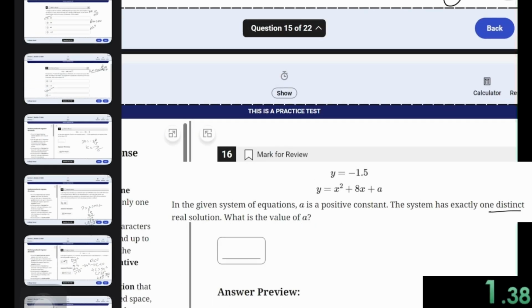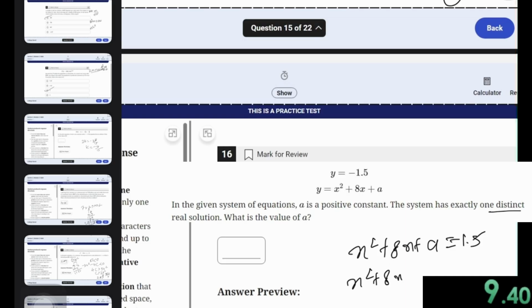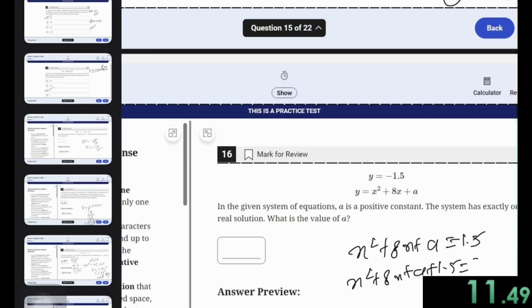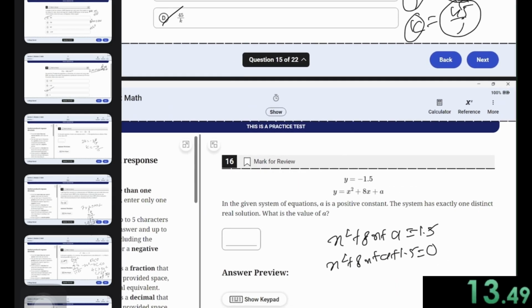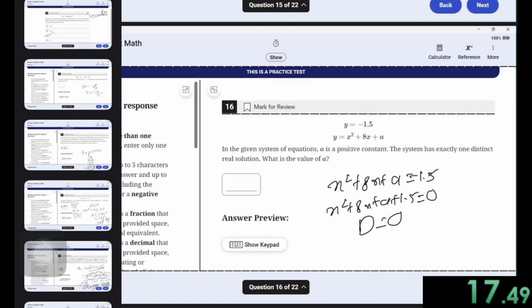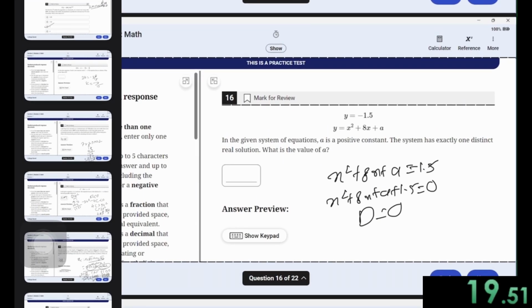Next one. x square plus 8x plus a equals 1 minus 1.5, which means x square plus 8x plus a plus 1.5 equals 0. The system has exactly one distinct solution, which means d equals 0. If it has only one solution, it means b square minus 4ac is equal to 0.